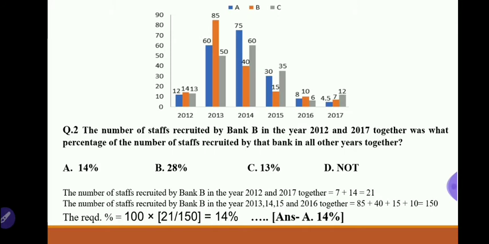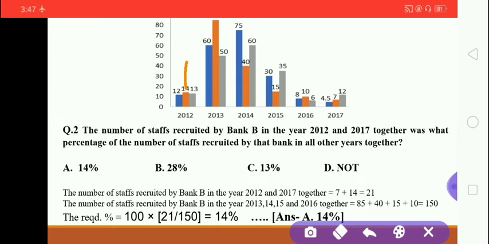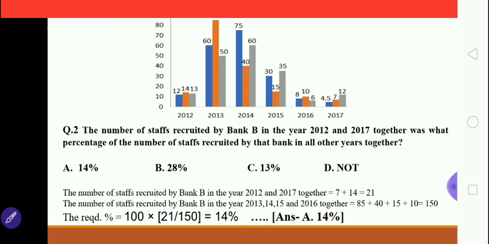In 2012, bank B recruited 14 members and in 2017 it recruited 7 members. So the addition of these two will be 21, and the number of staff recruited by bank B in 2013, 14, 15, 16, apart from 2012 and 17, adds up to 150. Therefore the required percentage will be 21 divided by 150 into 100, and that comes to 14%. Therefore option A will be the answer for this question.